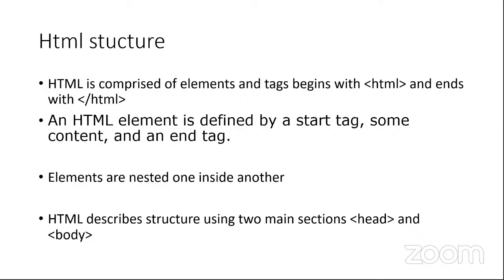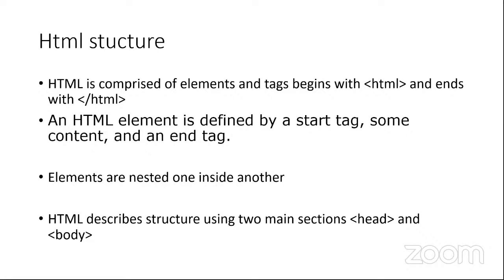An HTML element can be defined by a start tag, some content, and an end tag. So we pass the start tag, the content which needs to be displayed on the web page, and the end tag. Also, HTML tags can be nested. Nested means one tag can be placed inside another tag.